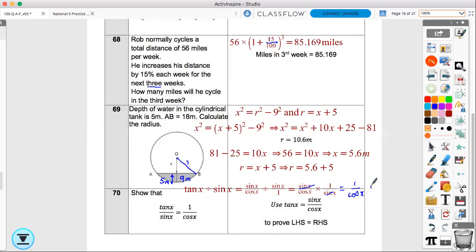And this is what you would call the right-hand side of your equation here. And this is what we call the left-hand side. So we've just proven that left-hand side equal right-hand side.